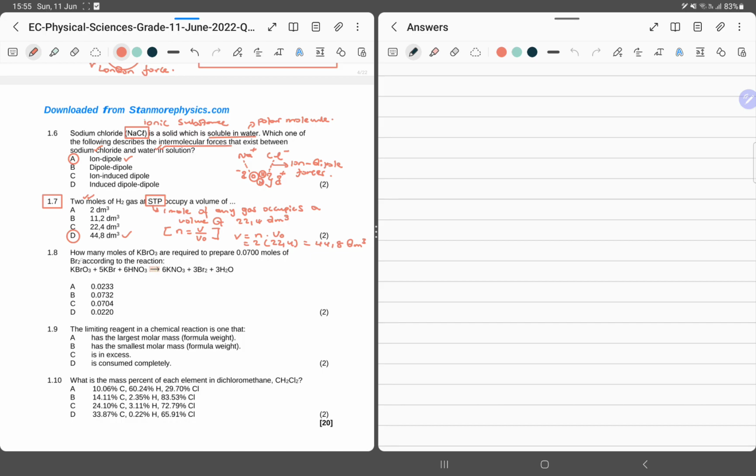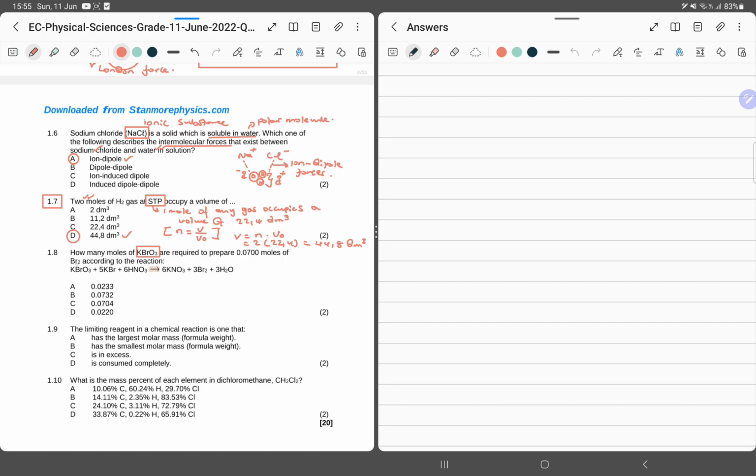Now 1.8 says how many moles of potassium bromate, okay, please make a habit of knowing these names. This is potassium bromate, are required to prepare 0.0700 moles of bromine according to the reaction.